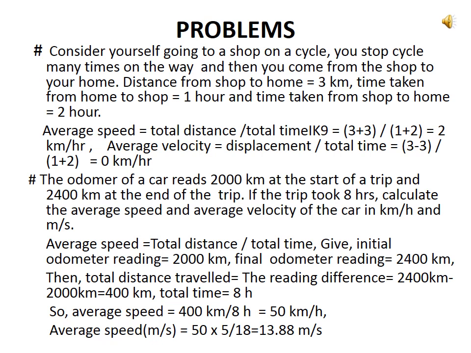Then average speed is 400 km divided by 8 hours, which is 50 km per hour. We also have to calculate this value in meter per second. How to convert to meter per second? Given average speed 50 km per hour, you just multiply this value by 5 by 18, since 1 km per hour is equal to 5 by 18 meter per second. That will be equal to 13.8 meter per second.